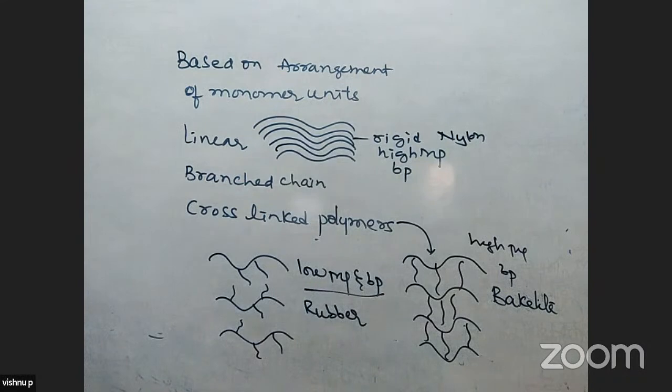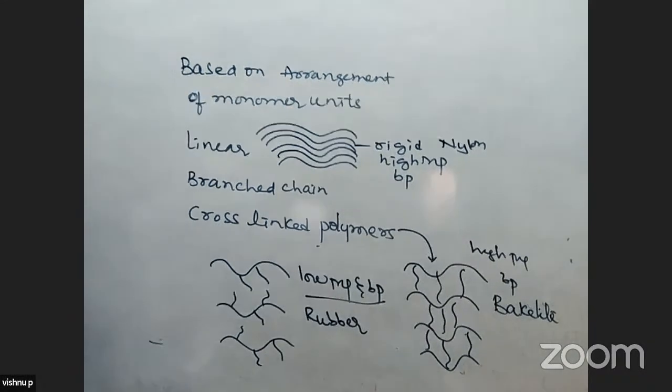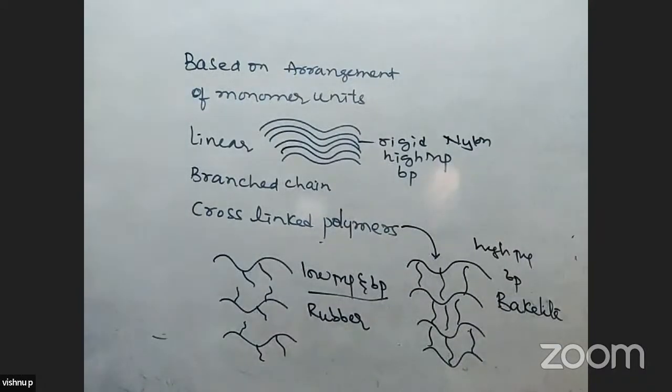Example is bakelite. So based on arrangement of monomer units, polymers are divided into three types: linear, branched chain, and cross-linked. Cross-linked are also called three-dimensional polymers.